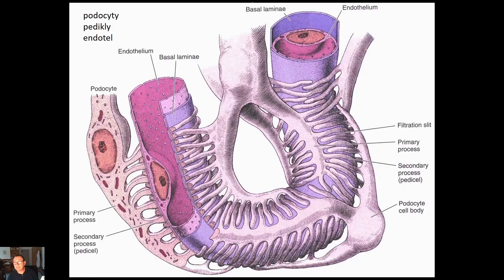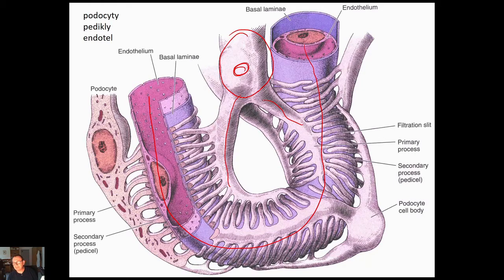Here is a body, and we are sure that there must be a nucleus inside, and some primary processes. And this is a loop of a capillary, and we can see how this podocyte is covering the capillary by its primary processes and by its pedicels or secondary processes.